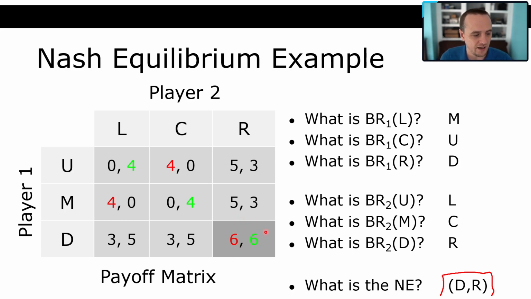And so if any player fixed the action of the other player, so right now we have down and we have right. Let's pretend that we're player 1. So player 2 has chosen right. If we choose anything but down, we're going to do worse. Okay?